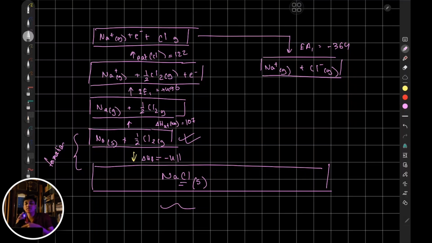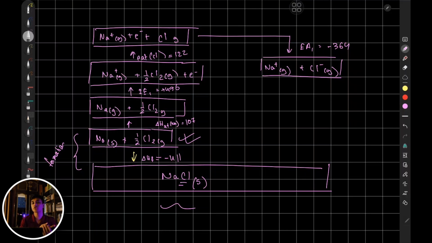What is the indirect approach, or the approach where the steps are broken down into 1, 2, 3, 4, 5, 6 steps? So what are you doing in the indirect approach? You're atomizing, you're ionizing, you're using electron affinity, and then using the enthalpy change of lattice energy.